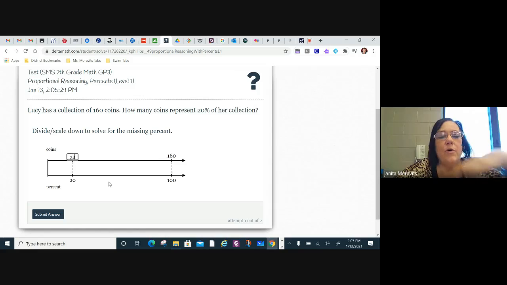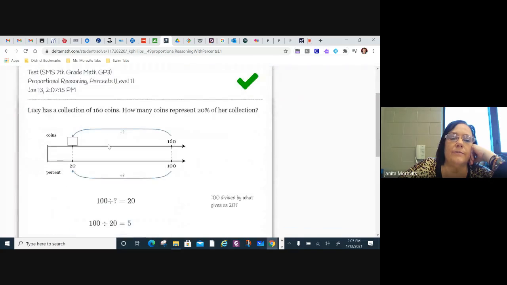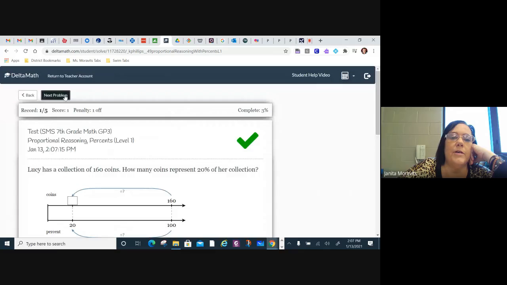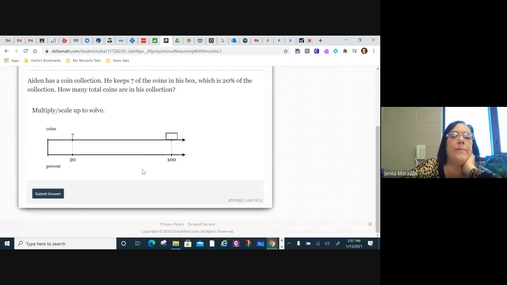So 32 coins represent 20% of her collection. Let's see if they like our answer. And there we go. Now you can take a look at how they show you on here, or we can do another example.